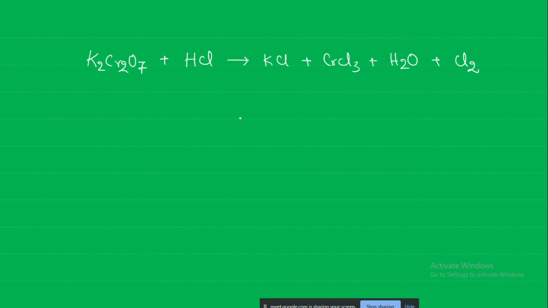We have to balance this equation. Definitely with hit and trial method, a person will get crazy. Some people may be very quick, that is a different thing. So you can try to solve this equation.